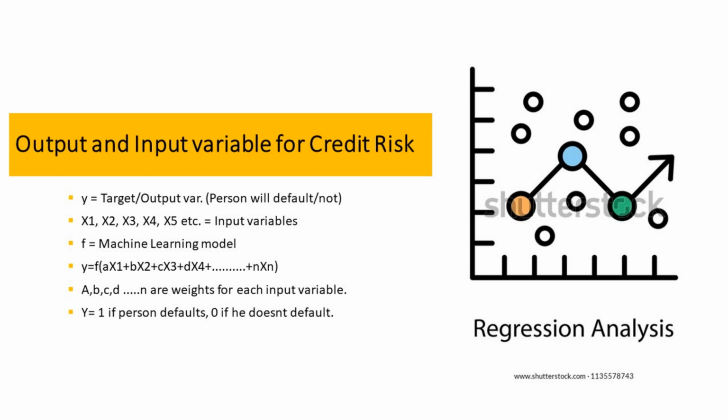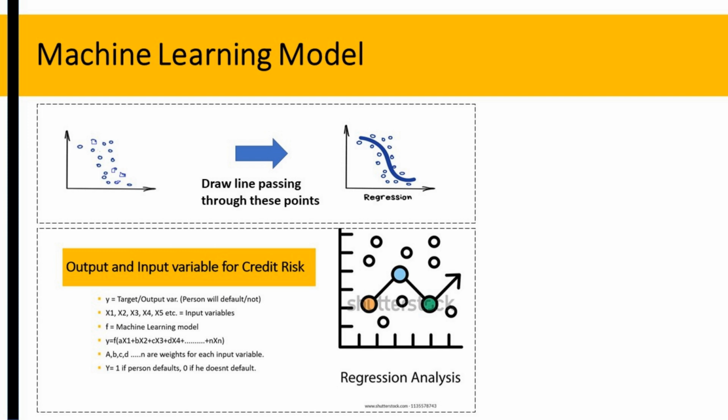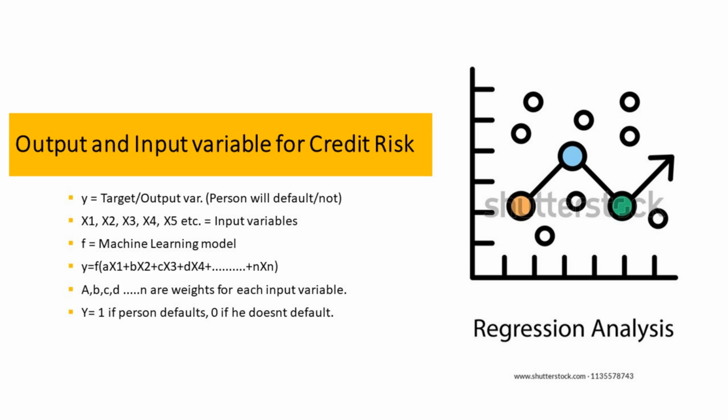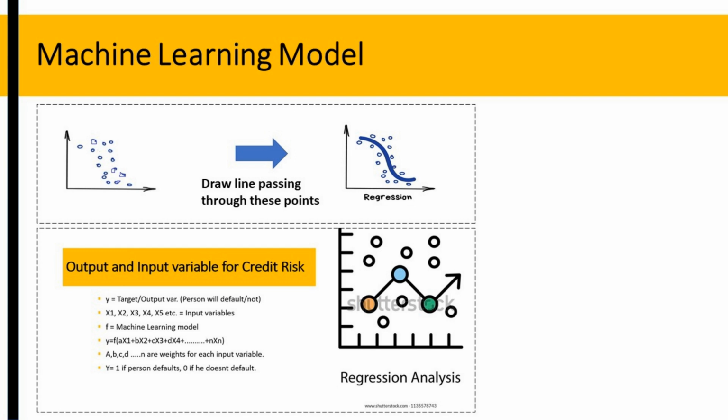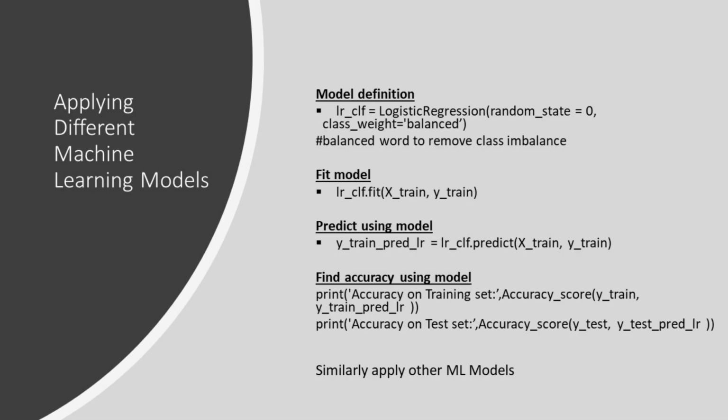So if you reconstruct Y using this new function, you are not going to get exactly the same Y train. There will be some deviations, because as you can see, this particular line will not cover all the points. So I'm trying to understand what is going to be your Y train predicted when we apply logistic regression. Why am I doing this?